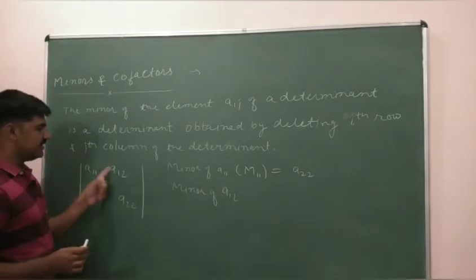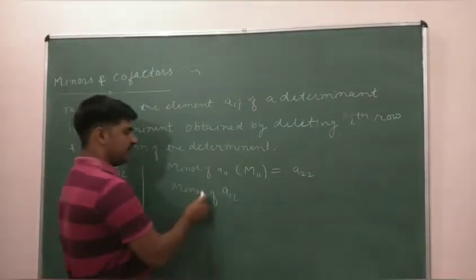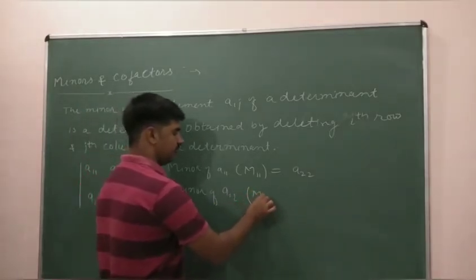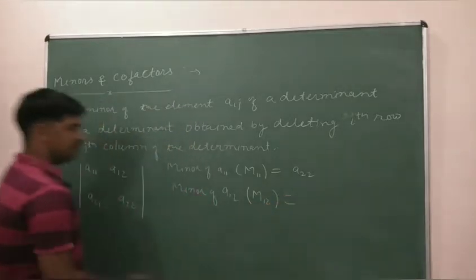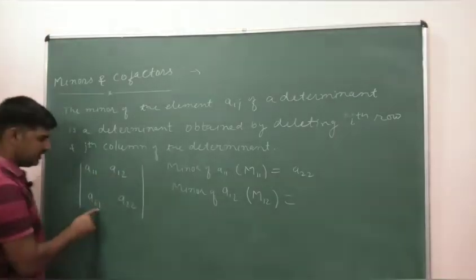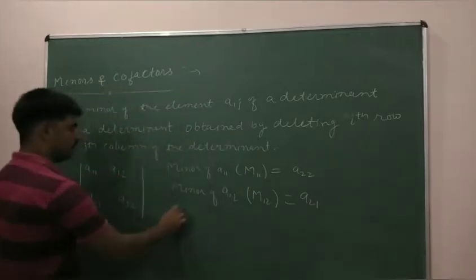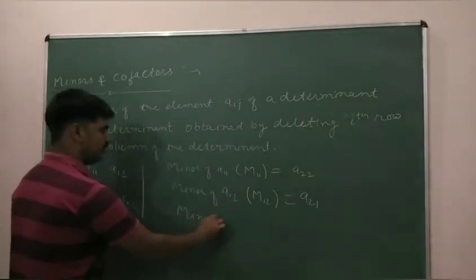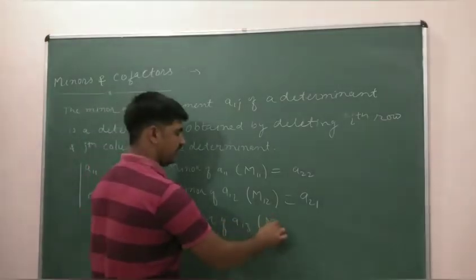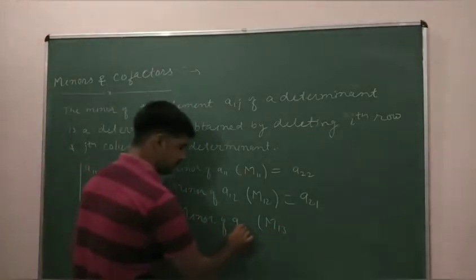The second element is a12, leave the first row and the second column, then this is a21. So the minor of a12 is denoted by M12, and that is equal to, leave the first row and the second column, so a21. Now the next element is a21.